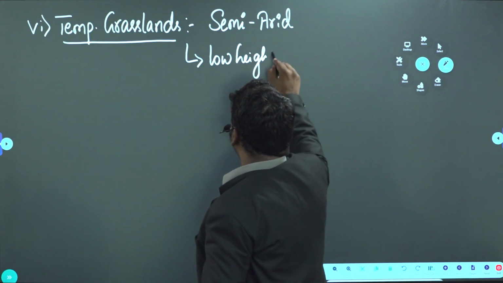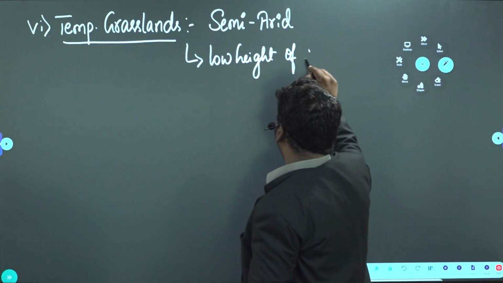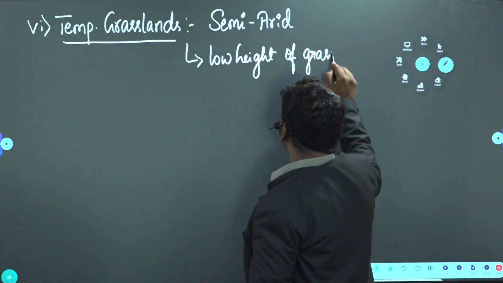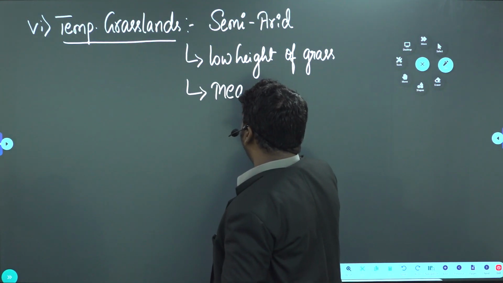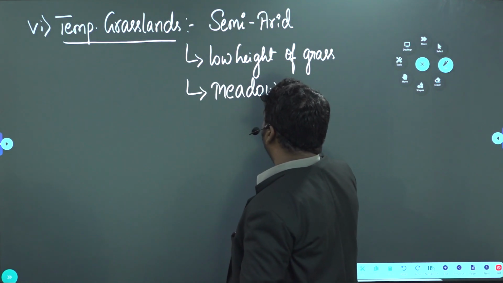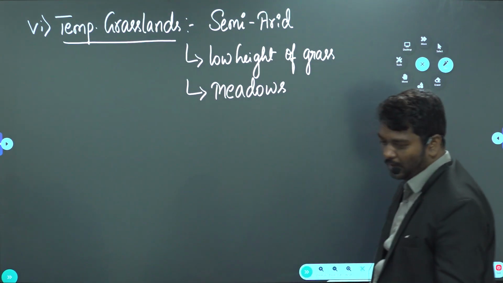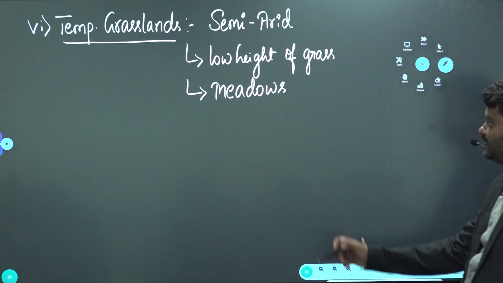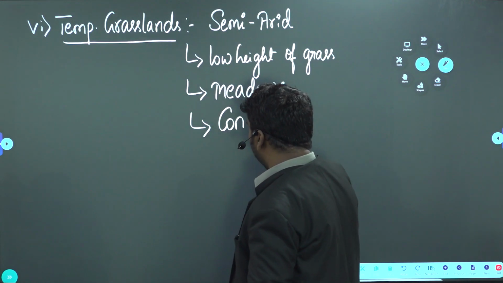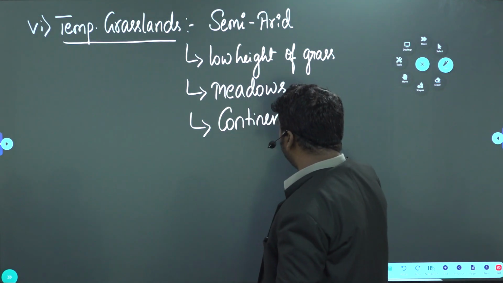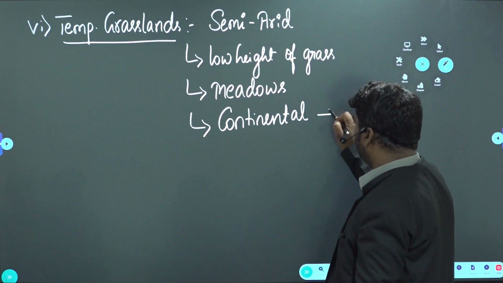Low height of grass. They can also use the term meadows. So tell me, temperate grasslands, will it be marine climate or continental climate? It will be in between, so it's always continental.